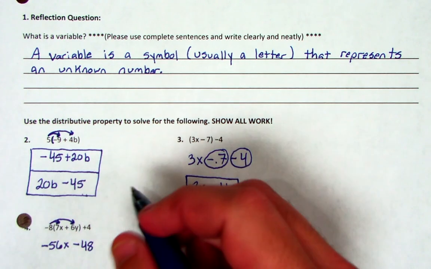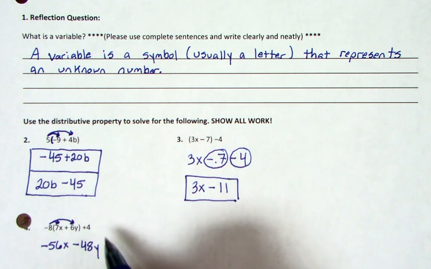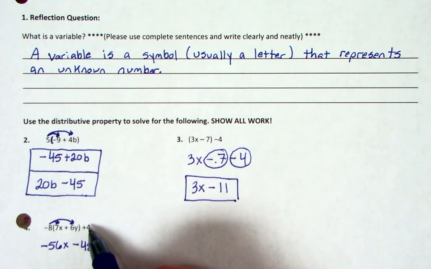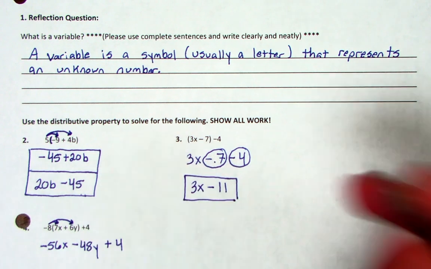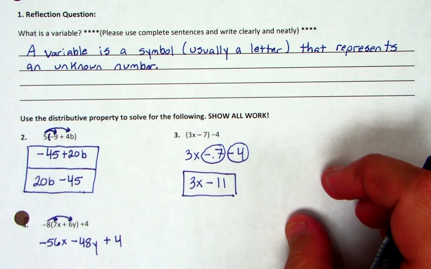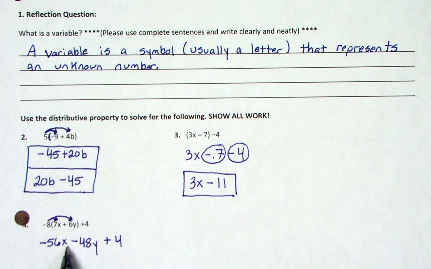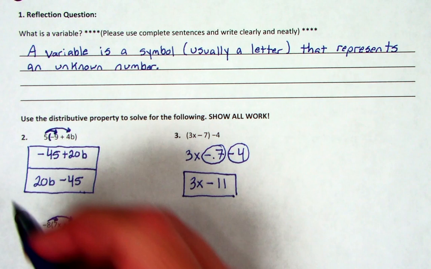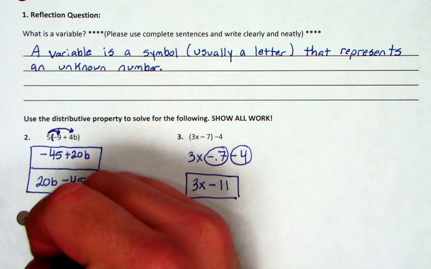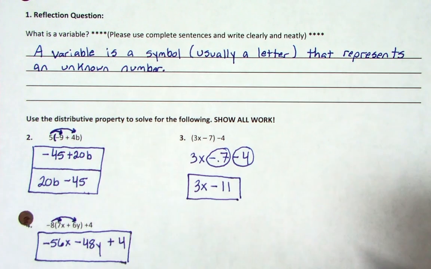Bring down the y. This plus 4 on the outside, I can't touch it, so just bring it down. Are there any like terms that I can combine here? No, this is an x, this is a y, so those aren't like variables, and that's just a constant. There is nothing that I can combine here. That is my answer. Done. Boom.